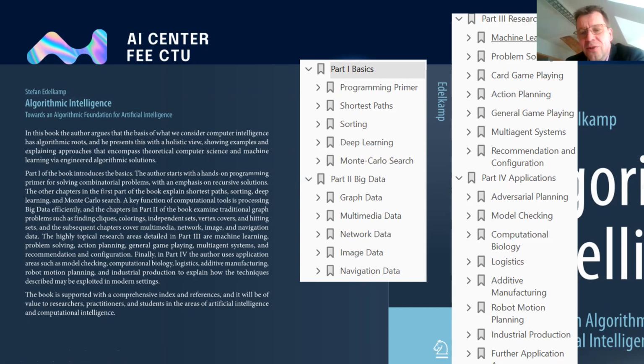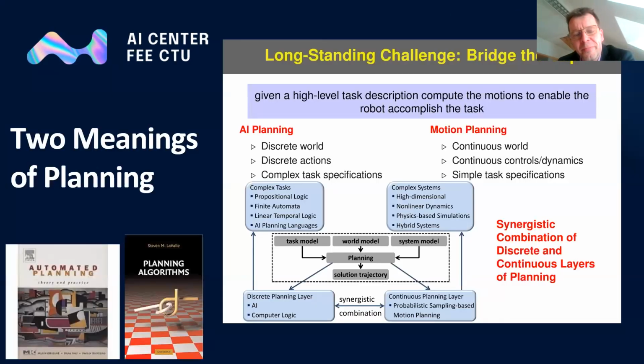This is joint work with several people, but let us just look more closely at where we are. So there's the planning community in AI, they usually talk about discrete worlds, discrete actions, logics, propositional logic, linear temporal logic sometimes, and AI planning languages. It's a discrete planning layer, and usually you have long-term planning, but more on the logic level, on the number level.